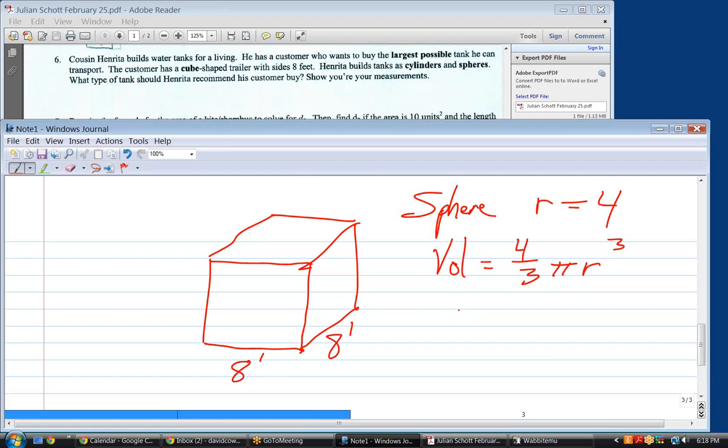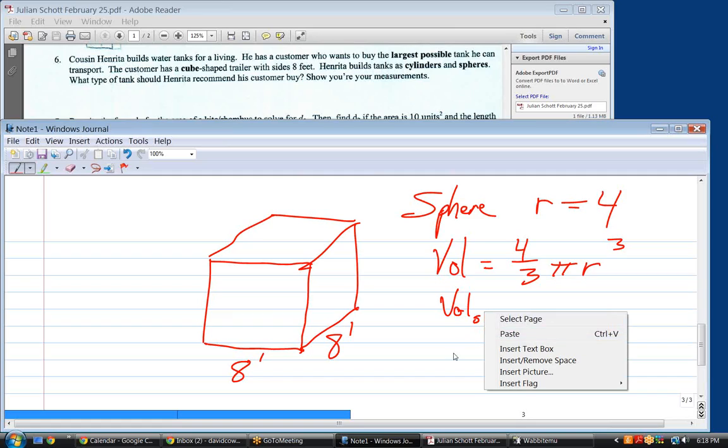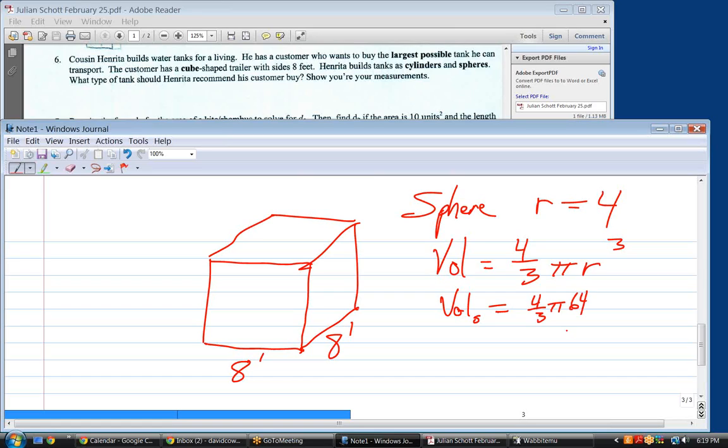So the volume of the sphere, and I'm going to put a little subscript S, meaning the volume of the sphere, is going to equal 4/3 pi times 64, which is what? 256 pi over 3.